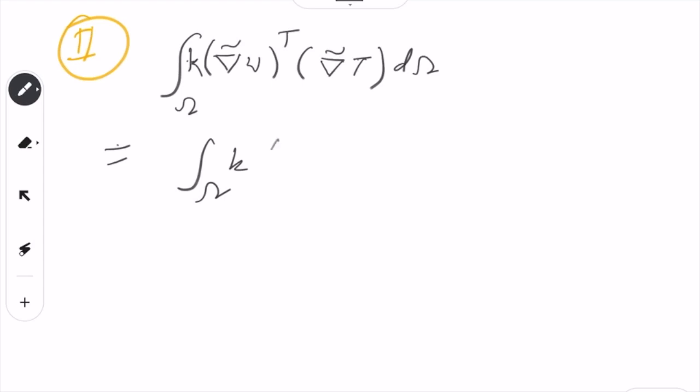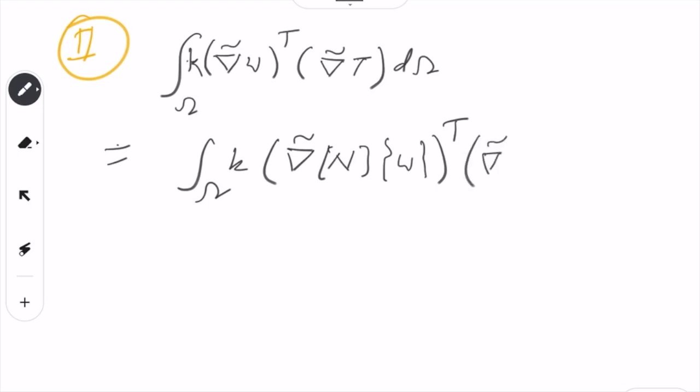So we have k, del tilde N times w transpose, and then del tilde N times T, d omega.